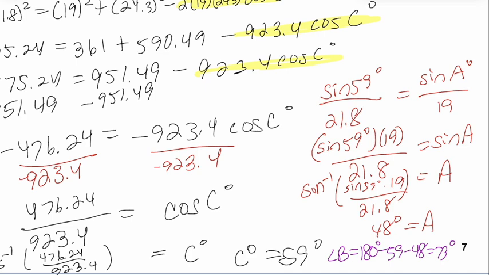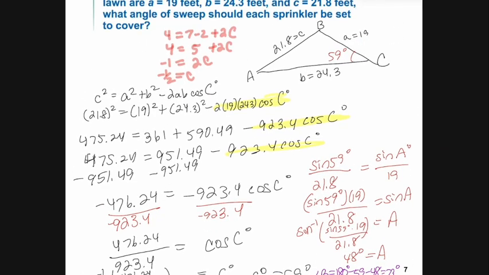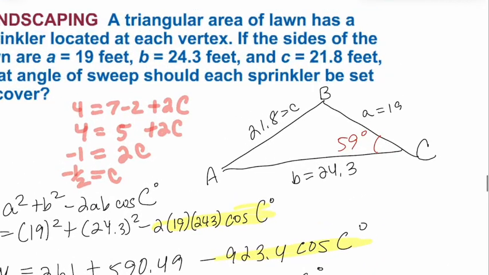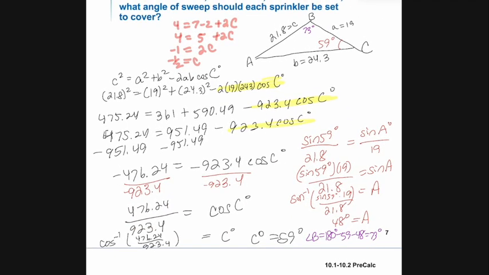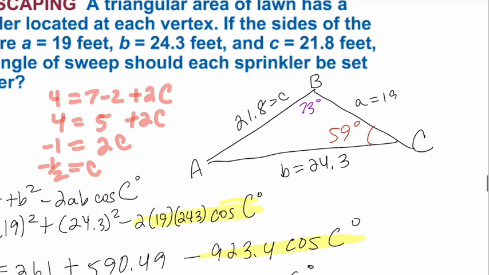So let's go put that stuff back into our triangle. So angle C was 59, angle B was 73. So that's 73. Angle A is 48. And then let's do a little quick check. The smallest side is across from our smallest angle, check.